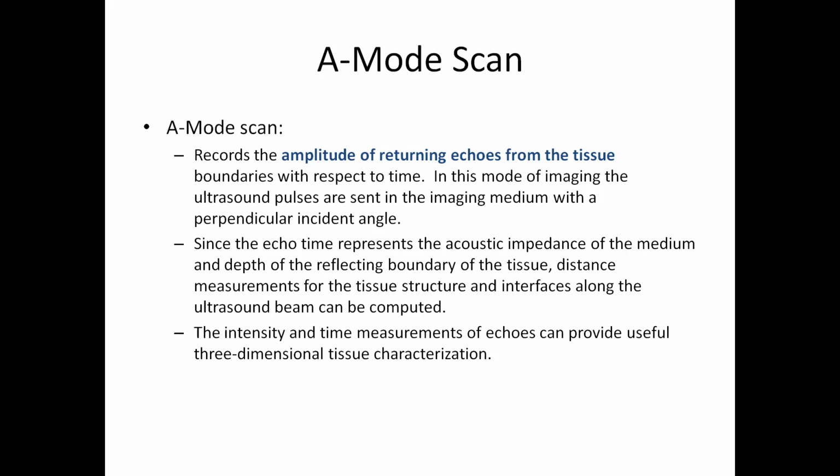Since the echo time represents the acoustic impedance of the medium and the depth of the reflecting boundary of the tissue, we have to calculate the distance measurement in a proper manner. By using the A mode scan, output results are in intensity format or time format with respect to the returned echoes, which are available for top end applications in the medical field.